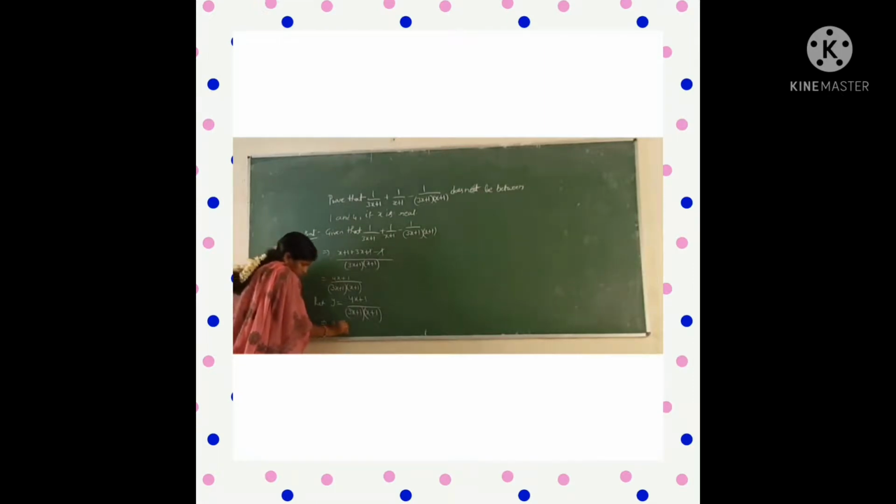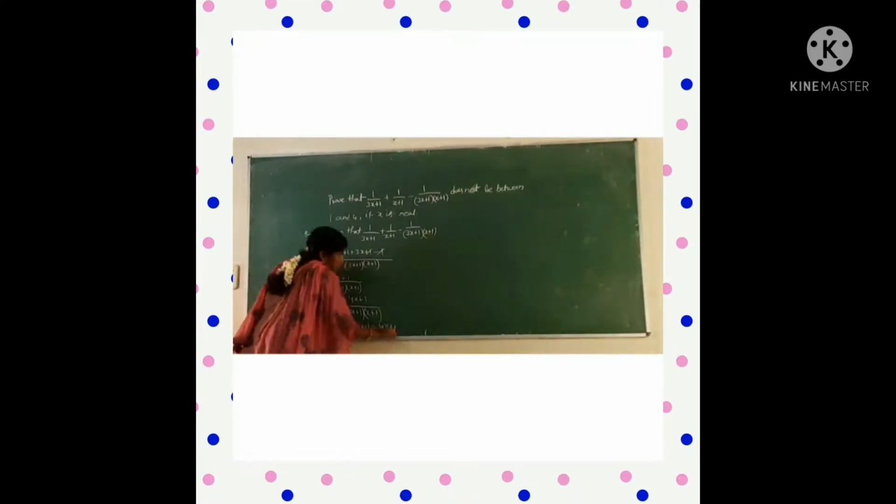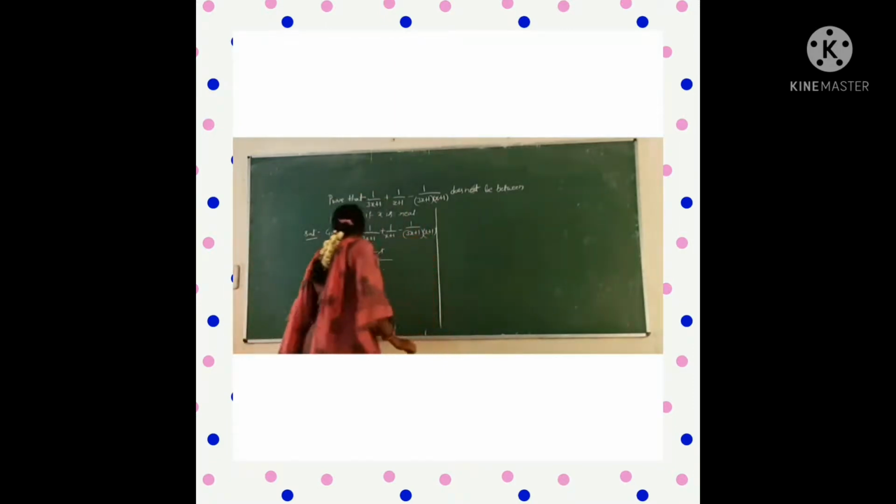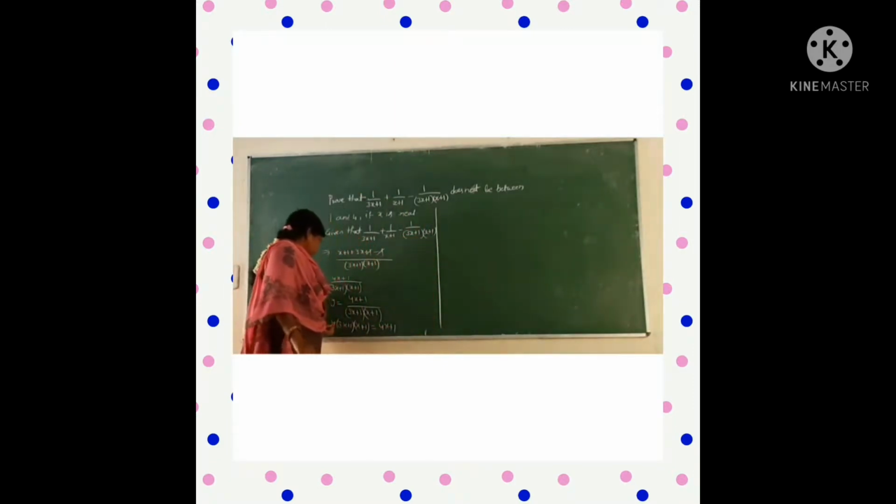Okay, this one changes to y into 3x plus 1 into x plus 1 is equal to 4x plus 1. Okay, now here y is multiplied with the 3 terms, and this will change the equation, we get a quadratic equation.